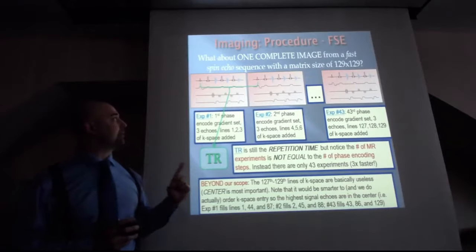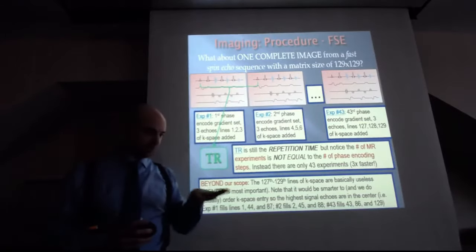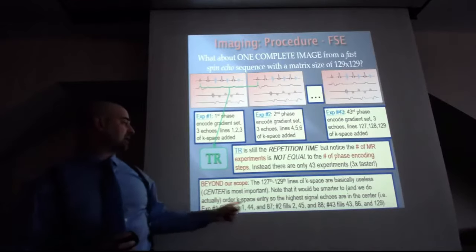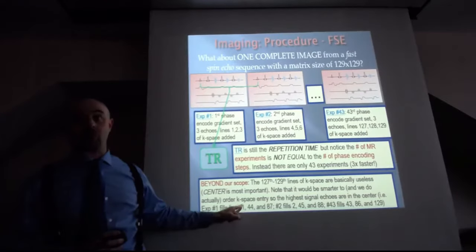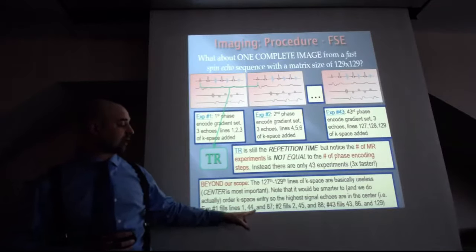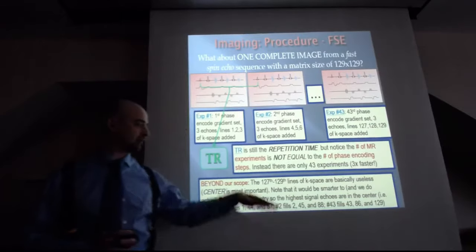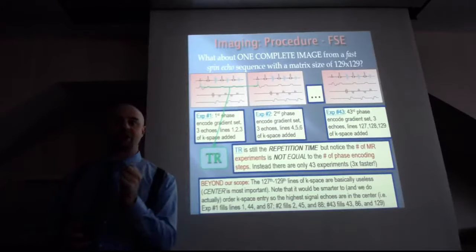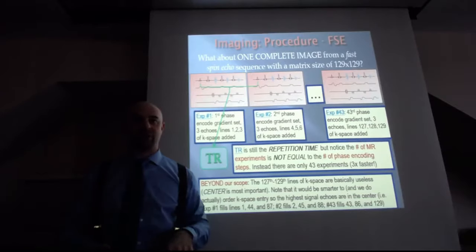It would behoove you, actually, instead of, say, putting these 3 echoes into lines 1, 2, and 3, which are all in the center, to put them instead so in your experiment number 1, you put this first echo in line 1, the second in line 44, and the third in 87. And then the second would be, yada, yada, yada, until that way your first echoes, the strongest echoes, give you the 1st through 43rd or central lines of k-space.